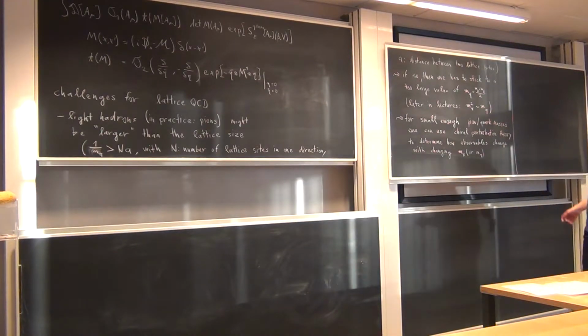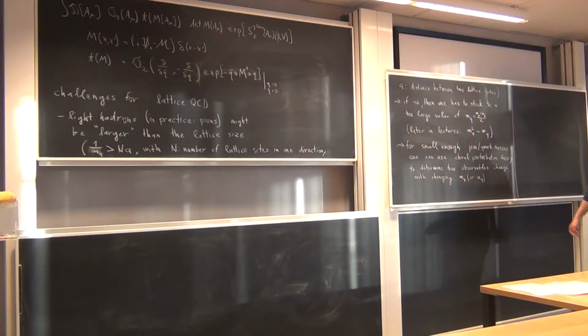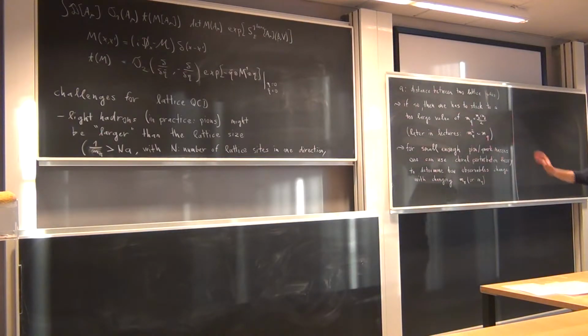Okay, second problem. Now this is something where basically one would say, okay, then we wait for some other years, and then one is also numerically there to simulate pion masses. Of course, you know, we physicists, we don't want to wait if we can already extract something from the present calculation.